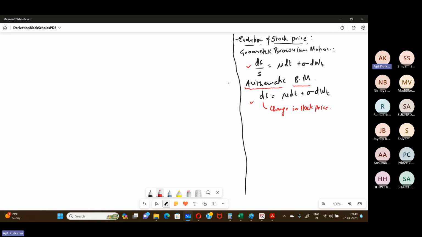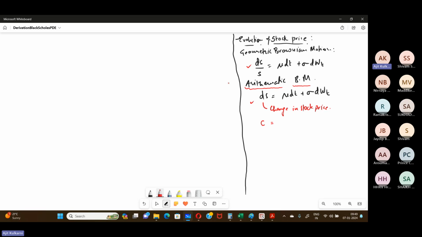What is the probability distribution of change in stock price in arithmetic Brownian motion? Normal distribution. Right. So this is change in stock price, right? So let us say this is some number. Okay, so this is C.